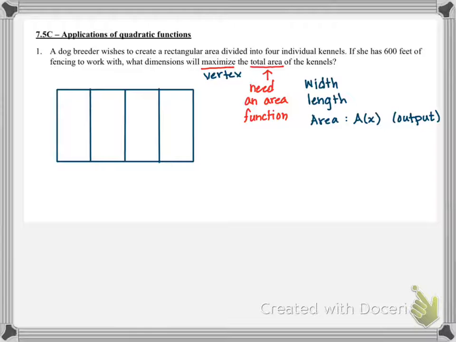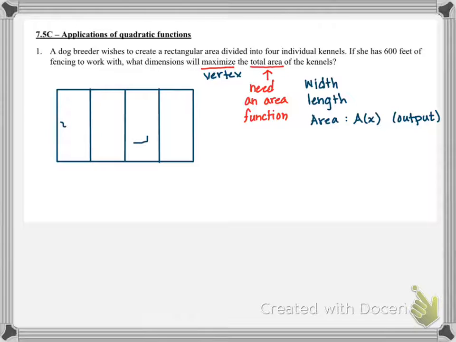And then as far as what thing I label x, it doesn't actually matter. You could choose either way, but I always find it easiest to label the thing that's used most often x. So we have 5 vertical segments and only 2 horizontal segments. So I'm going to label the vertical segments x because that's used more. It just makes it easier to solve for the other one.